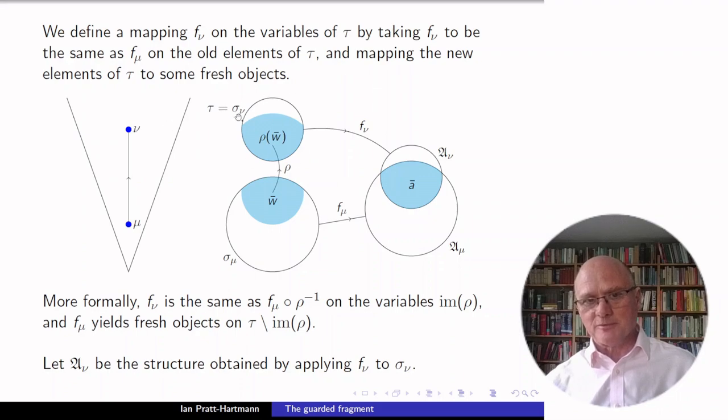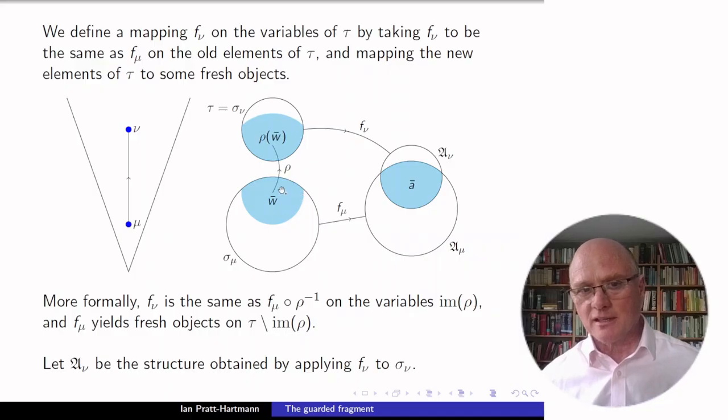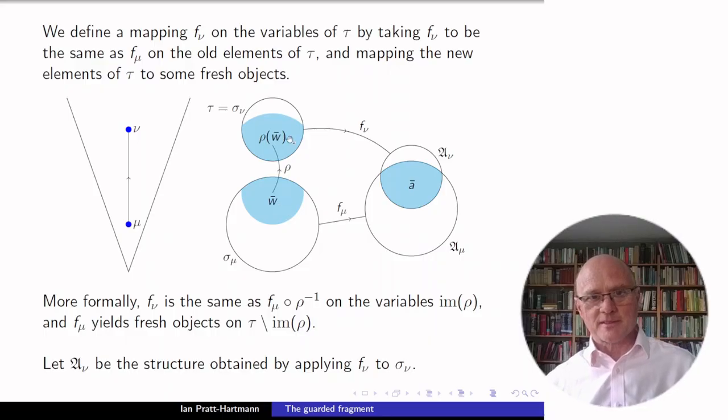I'll call that sigma nu. And there's a partial isomorphism mapping between sigma mu and sigma nu, and the domain of that partial isomorphism includes all of the elements in the tuple W bar. So they get mapped to some tuple of elements here. And these are the old elements, the elements in the image of rho I'll call the old elements, and any further elements in tor I'll call the new elements.